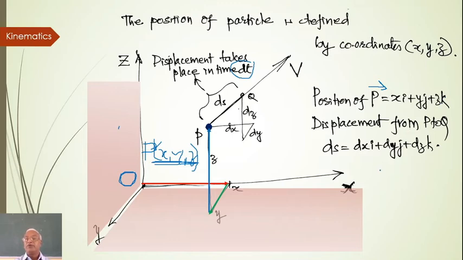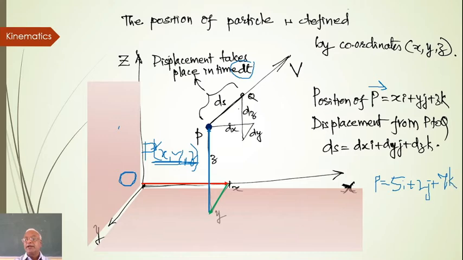The example for this would be, suppose P is, let us say, something like 5i + 2j, and let us say 7k.